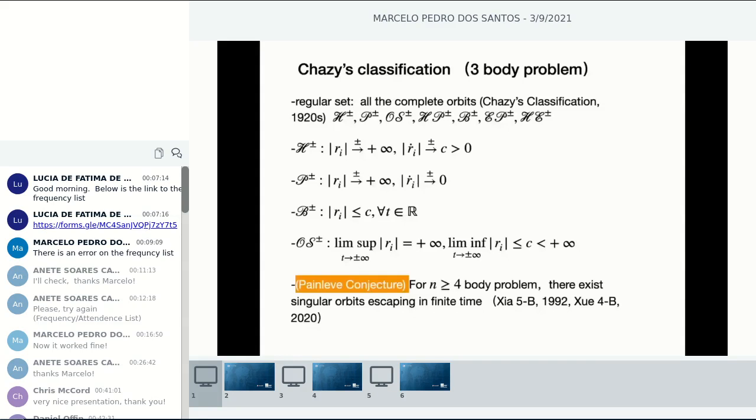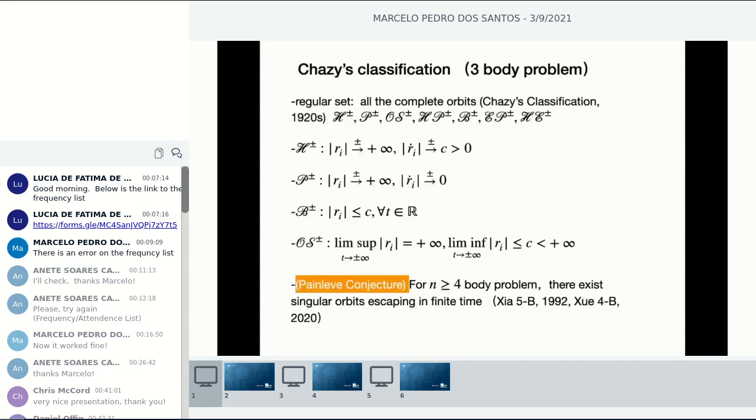Here we also list two relevant works on this topic. The first is by Professor Xia about the five-body problem in 1992, and a recent result is by Professor Xue on the four-body model. It was just published recently, in 2020.